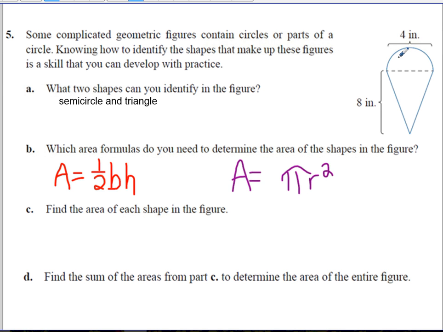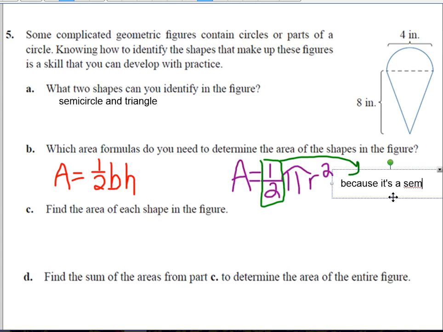But because we only have half of a circle, or a semicircle, we have to adjust it with a 1/2 in front of it. So that's because it is 1/2 circle, or a semicircle. So we have to adjust our formula there to compensate for half of it missing.